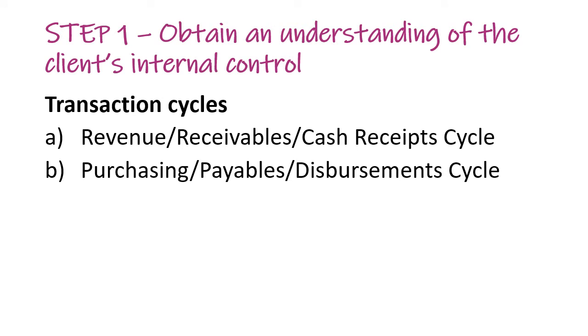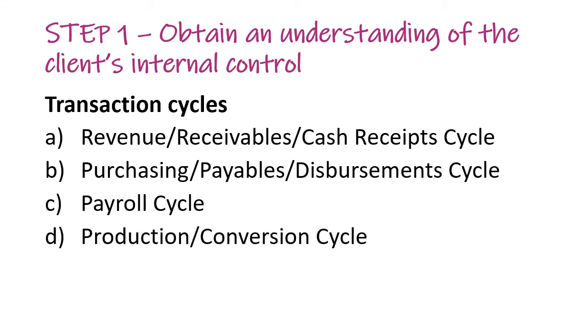Also, we have the purchasing or payables or the disbursement cycle. This relates to the payments of cash for purchases or for other forms of expenses. Then we have the payroll cycle, which involves the payment for labor and the salaries of our employees.